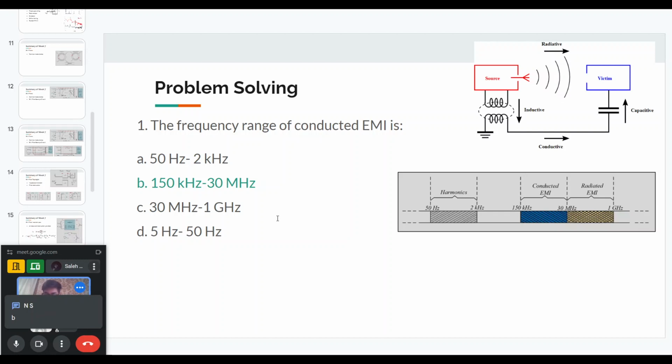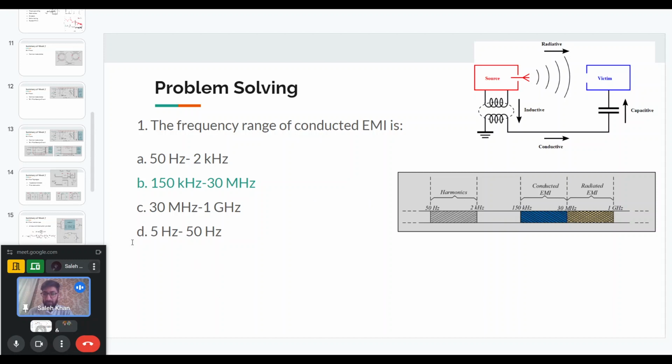Yes, so we saw that for very low frequencies from 50 hertz to 2 kilohertz, this will be the range of the harmonics. Then above some higher frequency, 150 kilohertz will be the range of the EMI. And for the EMI from 150 kilohertz to 30 megahertz, it will be conducted first, and then from 30 megahertz to 1 gigahertz will be radiated.